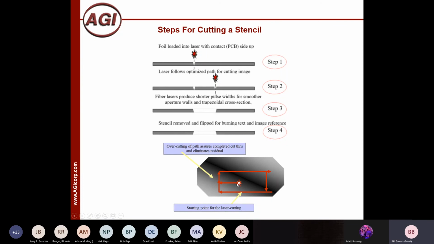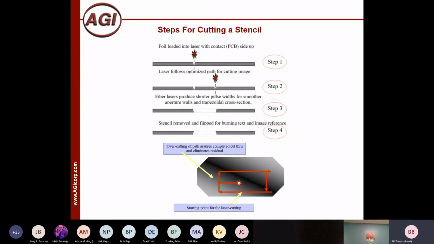It starts in a dead area, then cuts the aperture, and then it overcuts. That way we don't leave any material behind, and we make sure it's completely cut through and smooth. So there's even a method for how you cut out the apertures to make sure you've got a clean cut. Like I said, the stencil is loaded foil side up, contact side up, and it's cut.